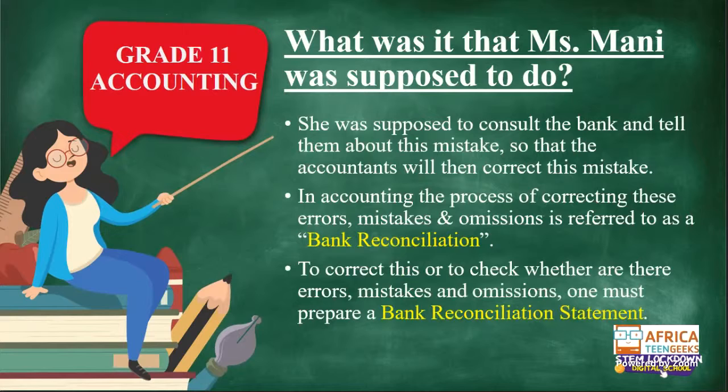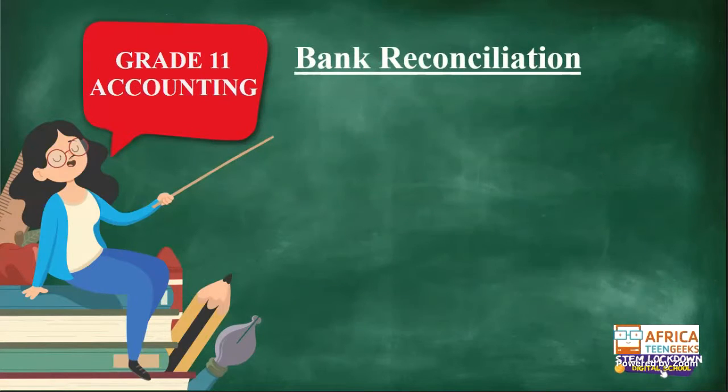To do this, or to check whether there are any errors and omissions, one must prepare what we call a bank reconciliation statement, to correct the errors, mistakes, and also the omissions.